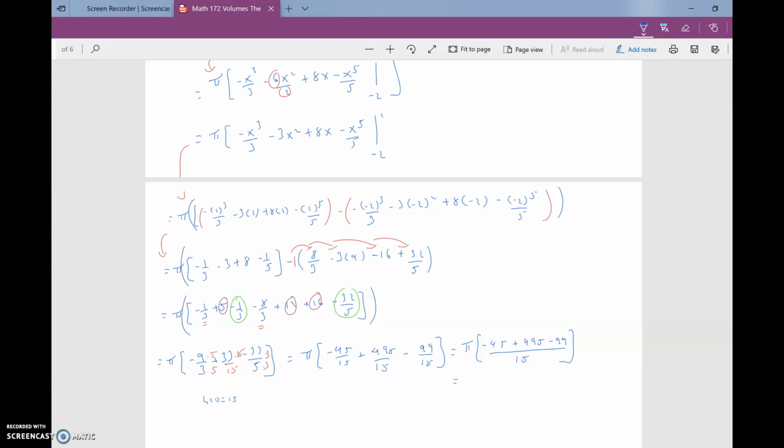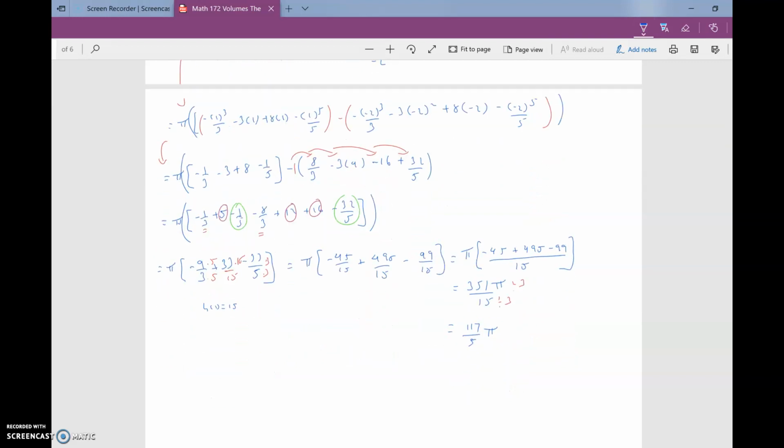So I'm getting 351 pi over 15, and I think we can reduce that. 351 is divisible by 3. So divide by 3. And we're looking at this one being 117 fifths of pi.